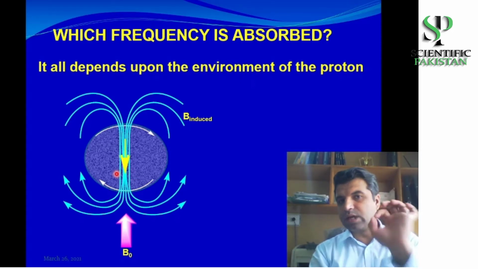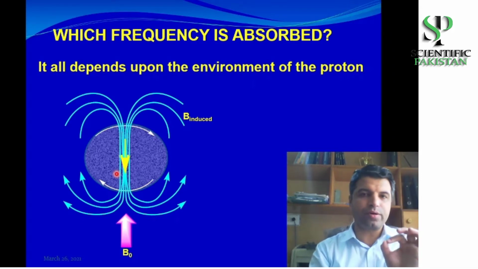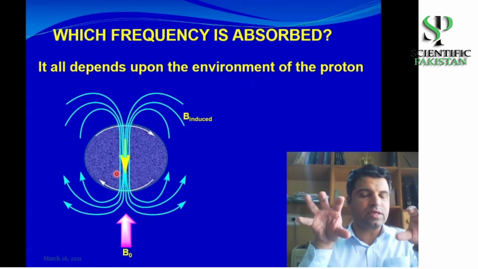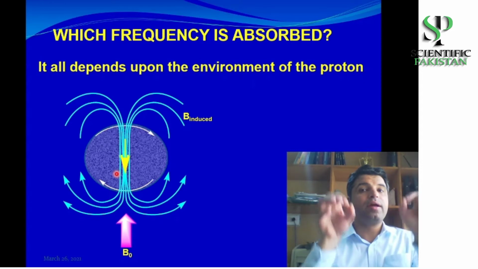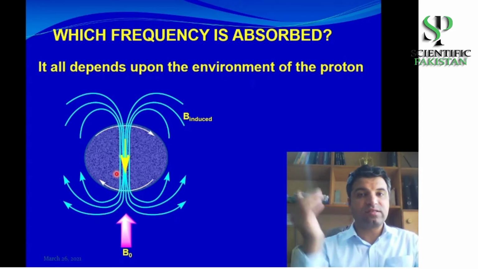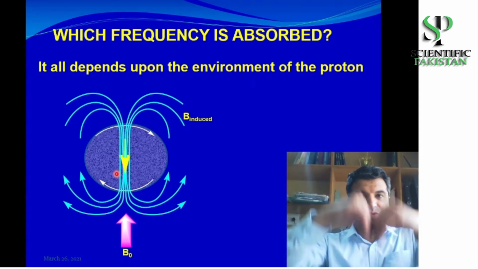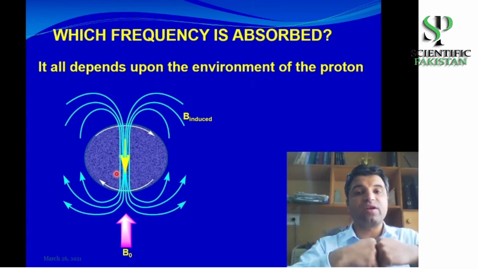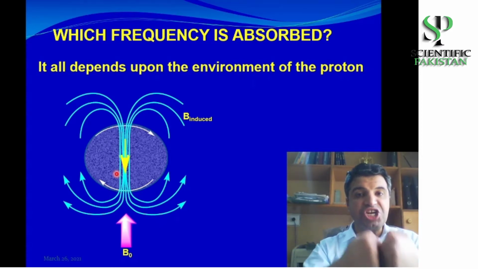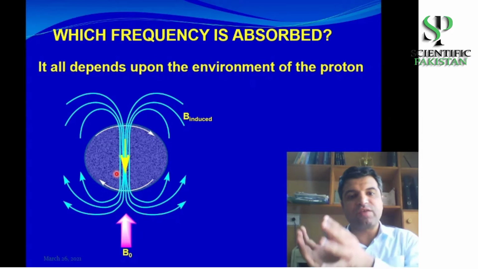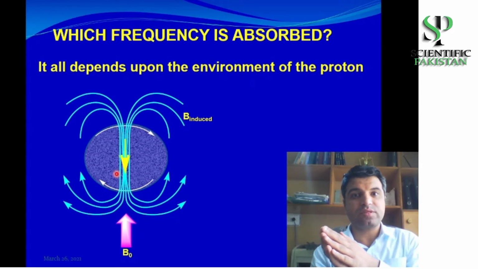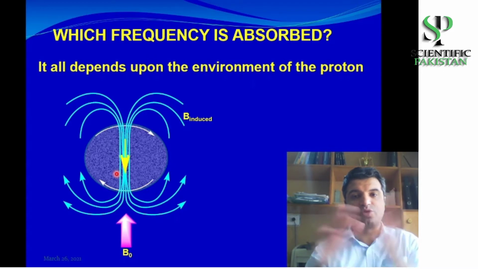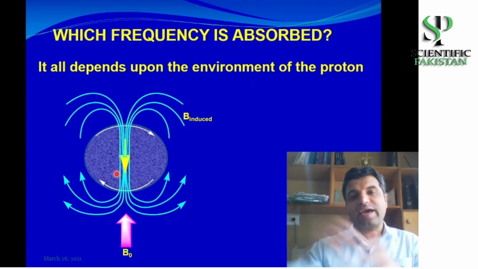Now, if the nucleus under study, if your proton is in a region where the magnetic field lines are opposing, or this B induced is opposing the applied magnetic field, it means that it is shielding the proton from the effect of B naught. It's just like a shield which protects you from the attack of your opponent.